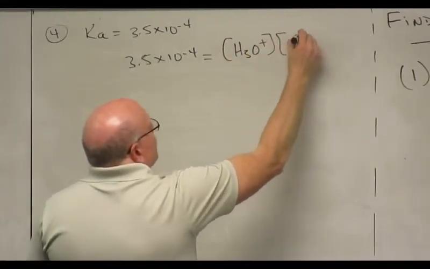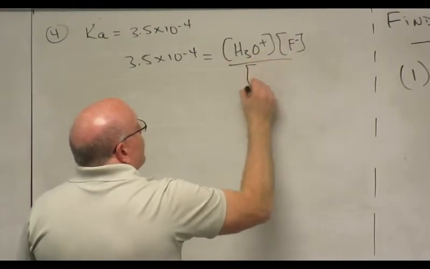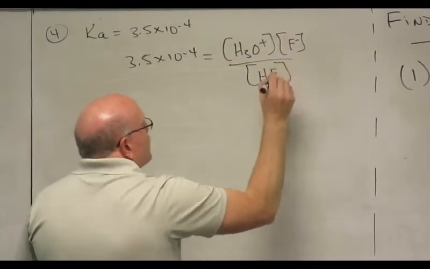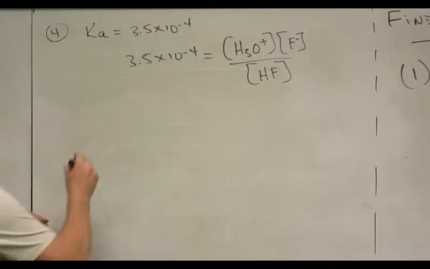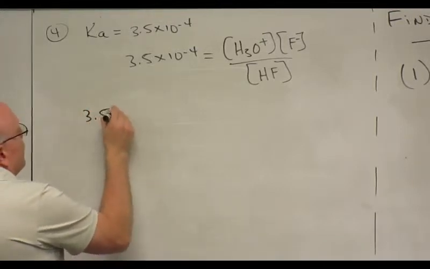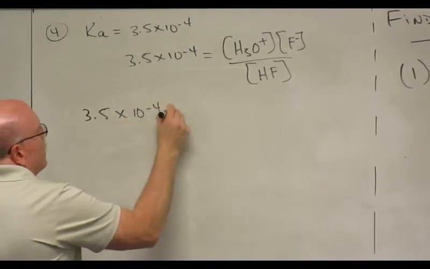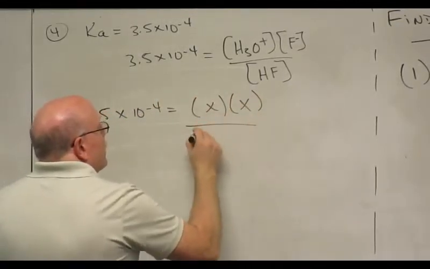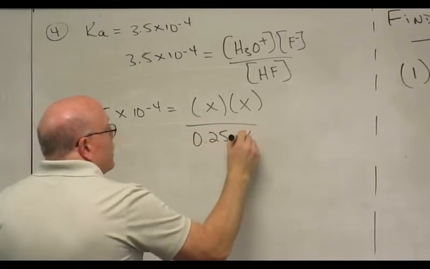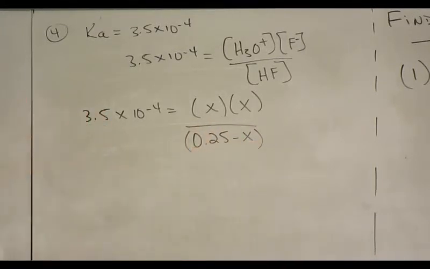We have F minus. We have HF on the bottom. That's our standard part. We know what it equals now. We can now substitute in what we know at equilibrium. At equilibrium, we have that.